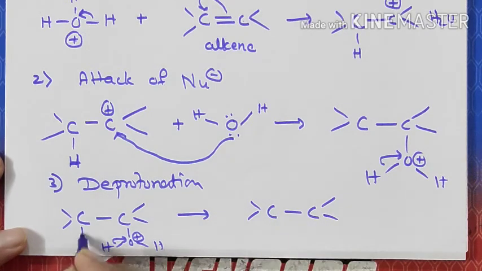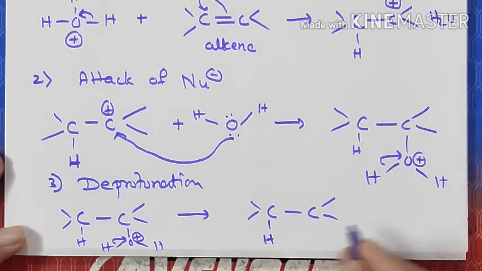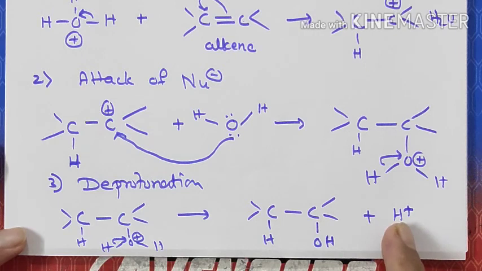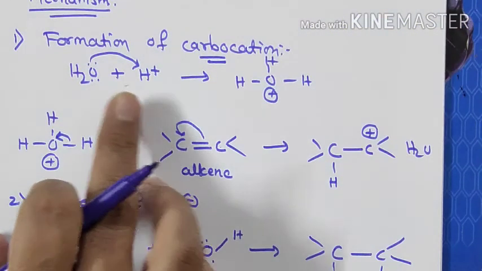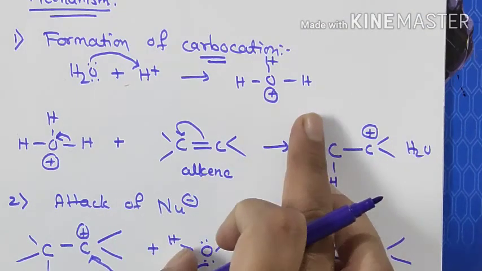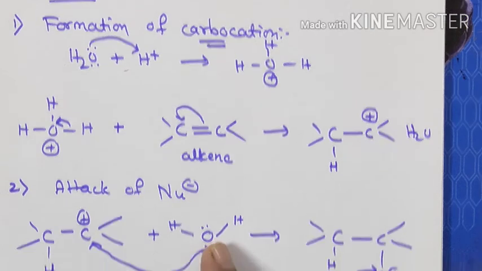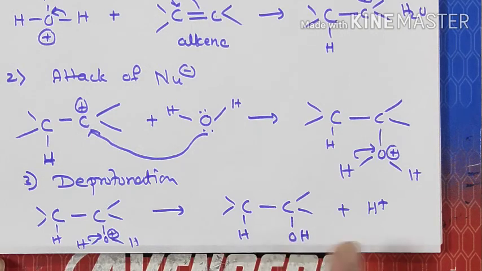Here there is H and here there is OH, and again H plus is generated. This H plus will again go and combine with water to form hydronium. This hydronium will again react with alkene to form carbocation. Again the nucleophile is going to attack and ultimately alcohol will be obtained. So this is the whole mechanism.